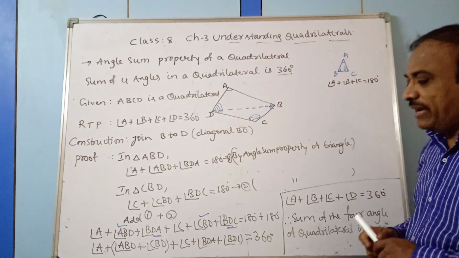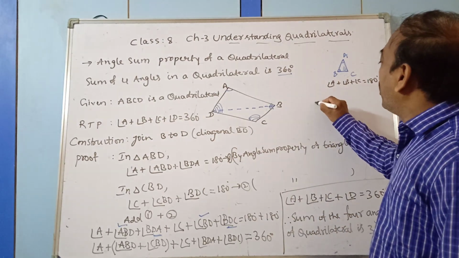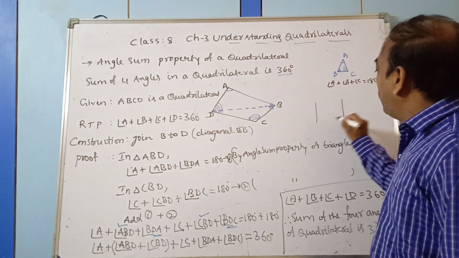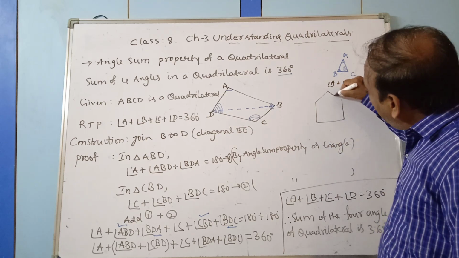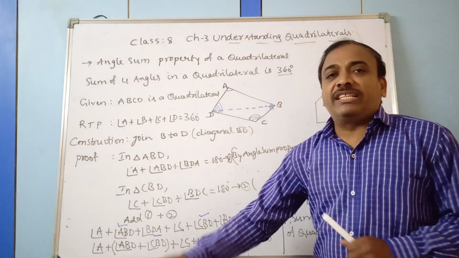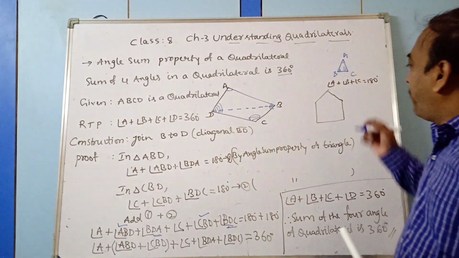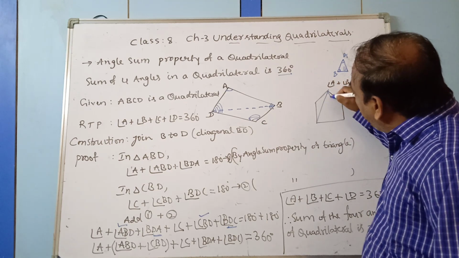Now, for example, if there is a five-sided figure, a pentagon. This is a pentagon. Don't think about whether it is regular or irregular. Now, I am dividing this into triangles.